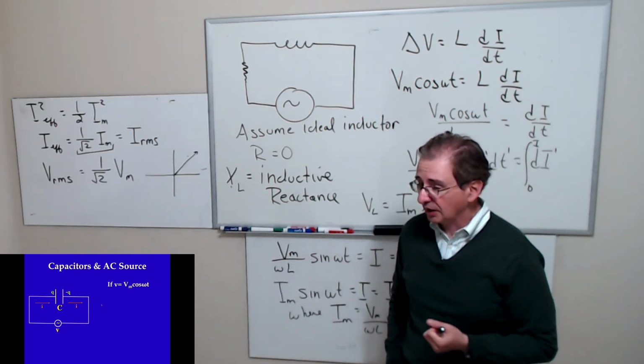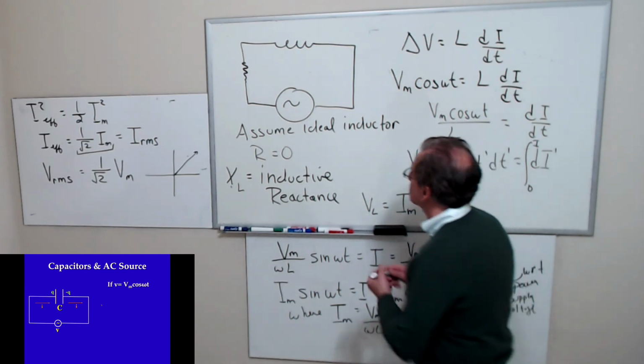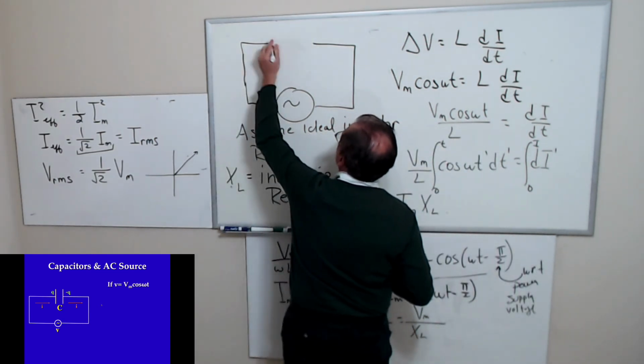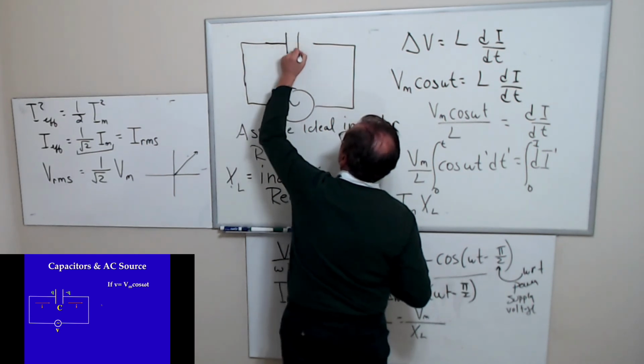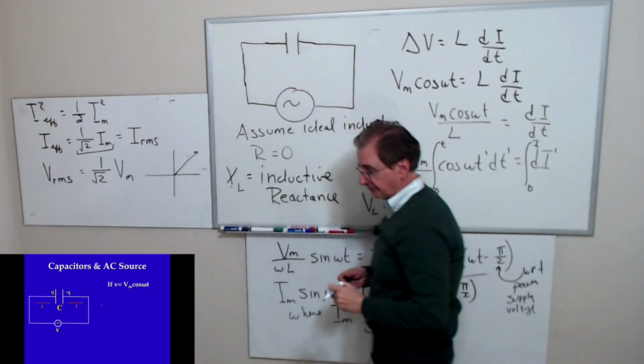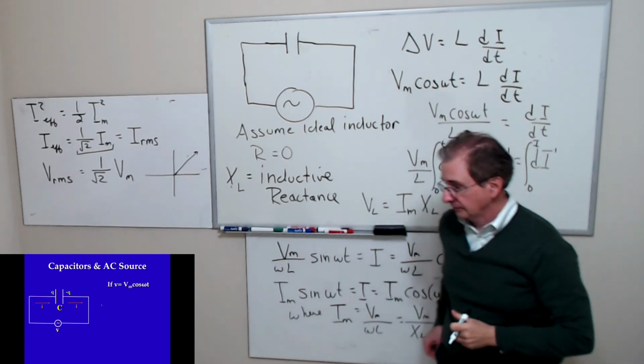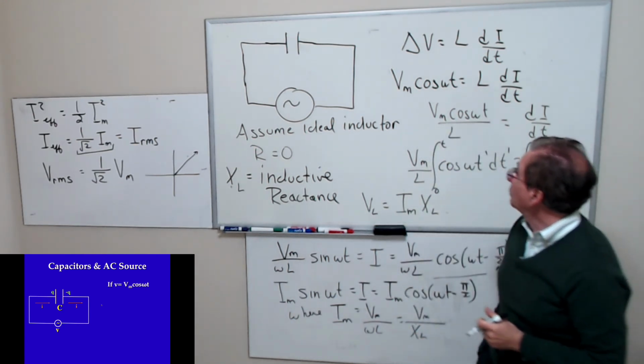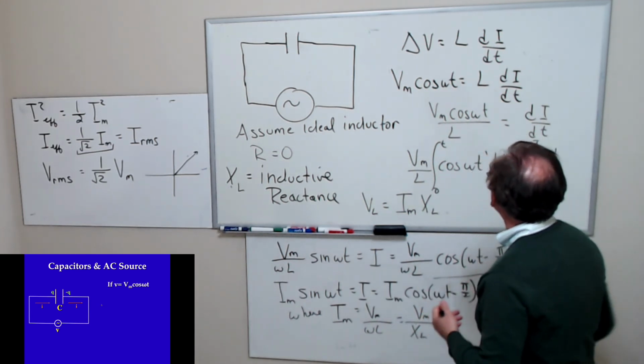So let's say we have a capacitor. Let's replace this with a capacitor. All right, now what's delta V equal to?